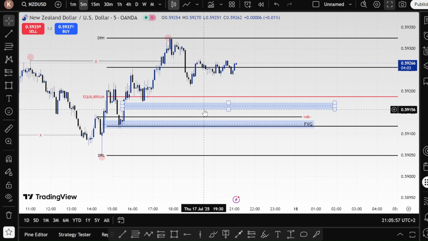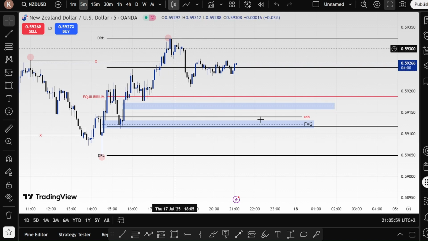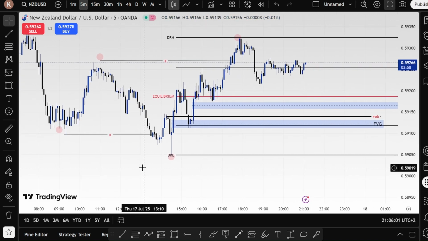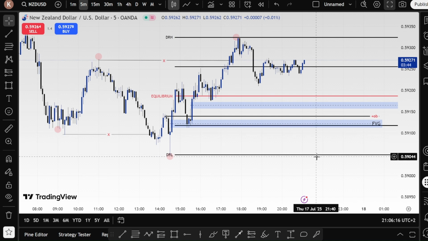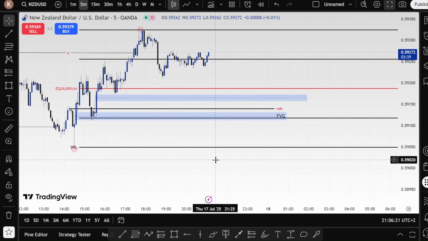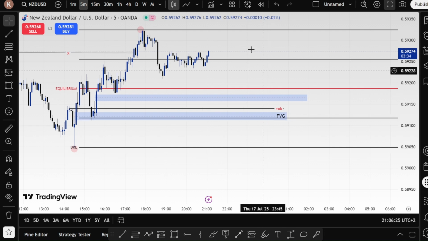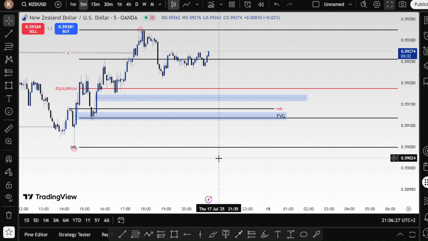So as you know, if there's changes, if I have a situation like this where price fails or my entry model fails to push price to the upside, it means it hit my DR low. It means now everything has shifted to bullish momentum, as it has shifted from bullish to bearish momentum.